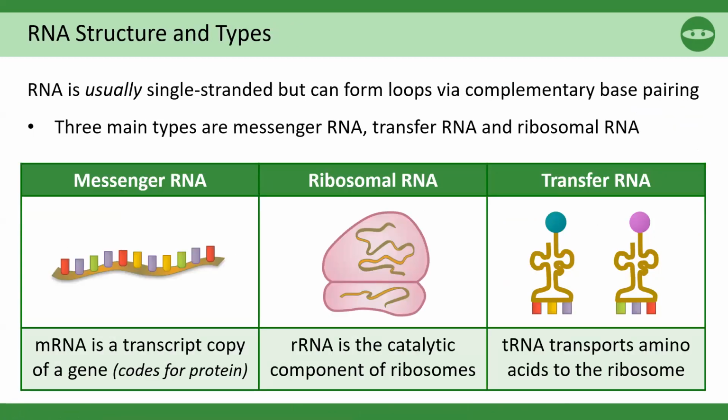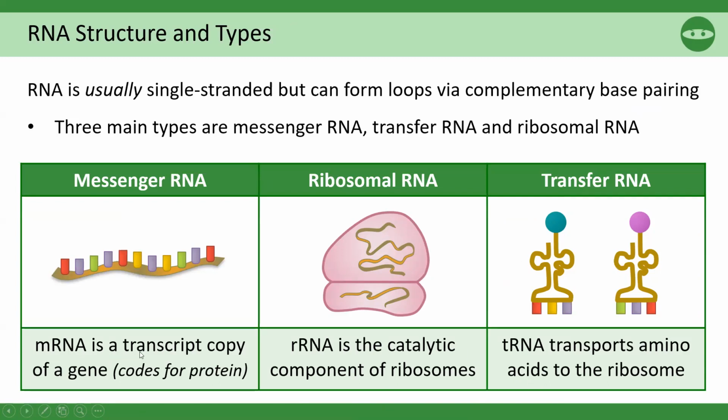The RNA structure is different from DNA. It's single-stranded, as we said before, and it only represents a small set of instructions of the genetic material. And there are three main types: messenger RNA, ribosomal RNA, and transfer RNA.